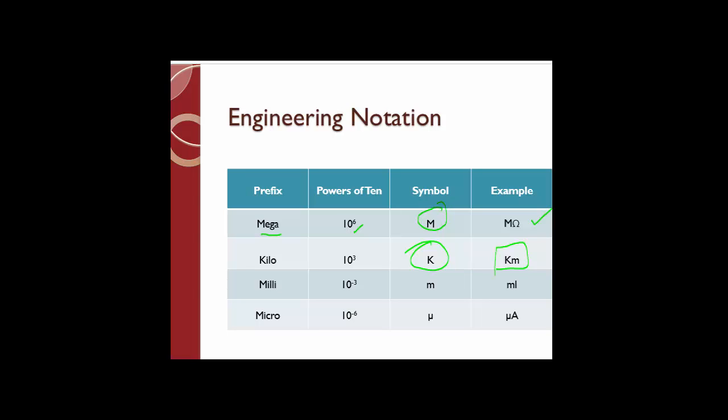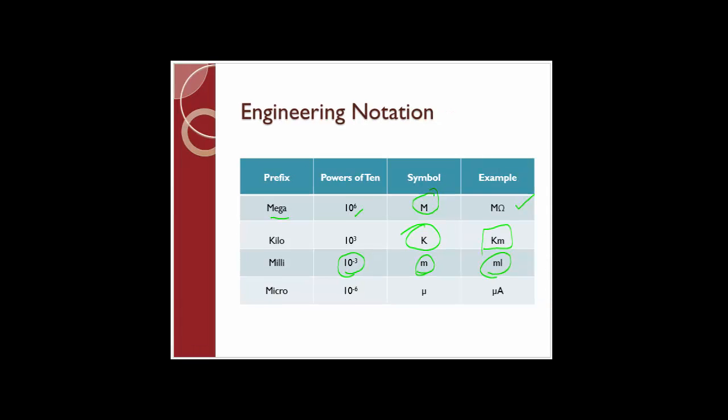10 power minus 3, on the other hand, is milli, which is denoted by a lowercase m, for example, milliliters. And finally, 10 power negative 6 is called micro. The symbol is called mu. For example, microamps, amp is a unit for current.